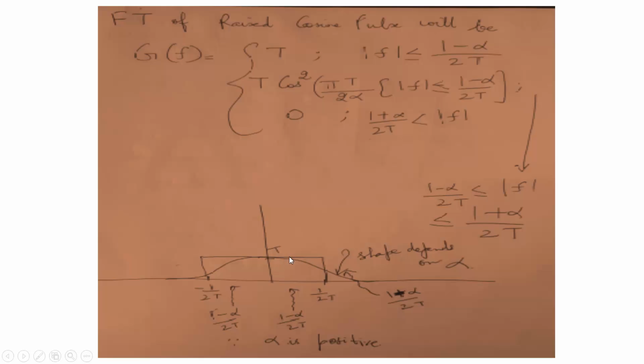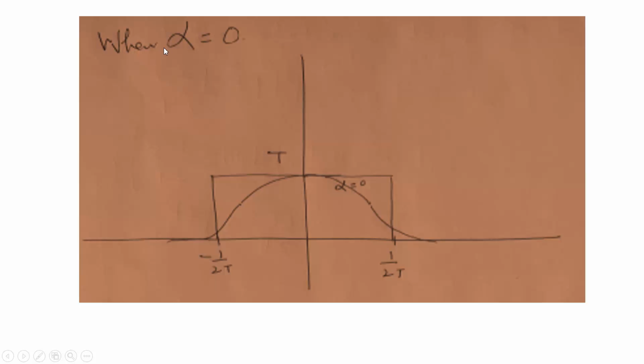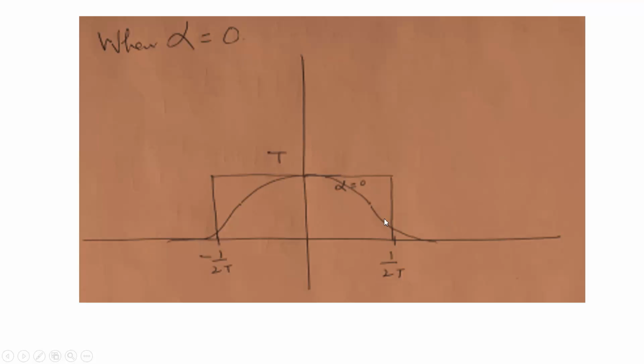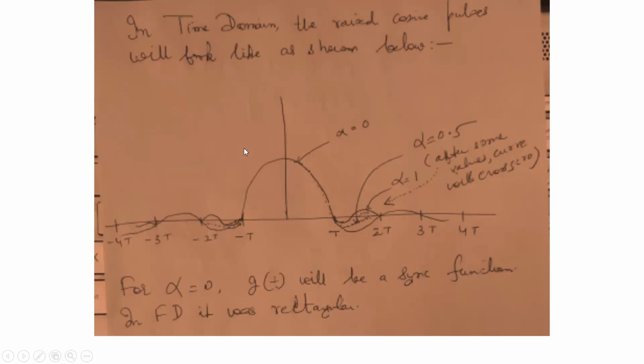The slope of this waveform will depend on the value of α, which is of course positive here. When α equals 0, it will be a rectangular pulse in the frequency domain. If you take the inverse Fourier transform, in the time domain it will be a sinc function. So this sinc function represents α equal to 0.